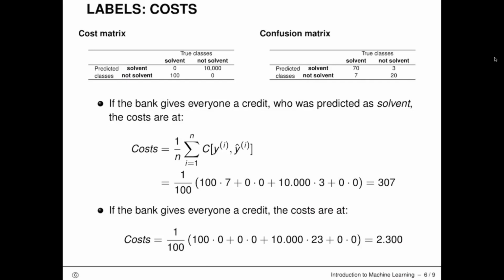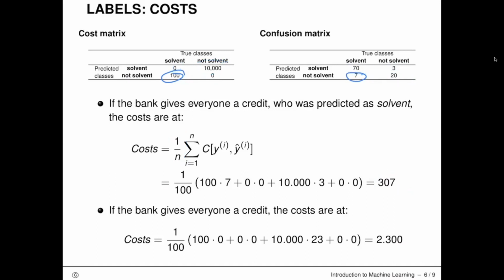So we have 100 times 7 plus 0 times 70 plus 0 times 20 plus 10,000 times 3. And this will be divided by n. n is 100 in that case because we have 100 observations. And then we end up at a cost of 307.